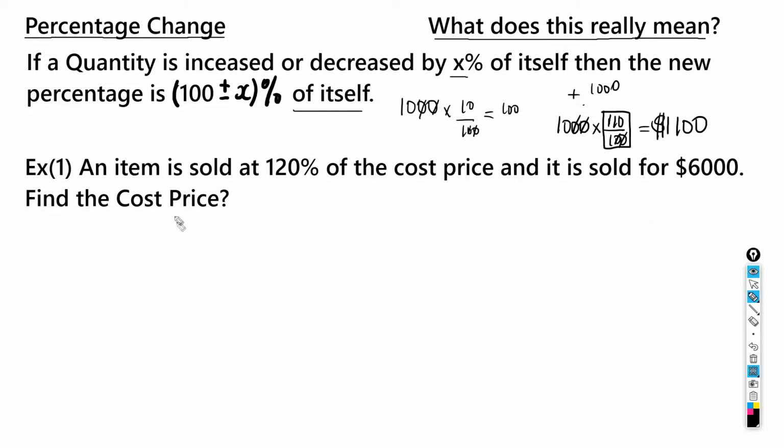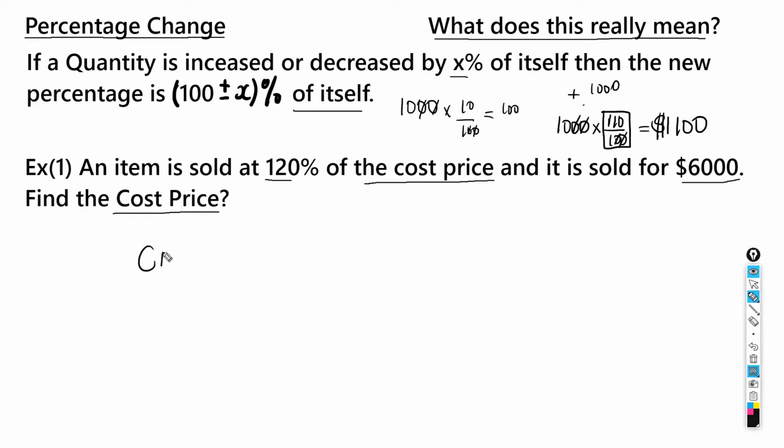So let's look at this example. It says an item is sold at 120% of the cost price, and it is sold for $6,000. Find the cost price. So let's write this out.